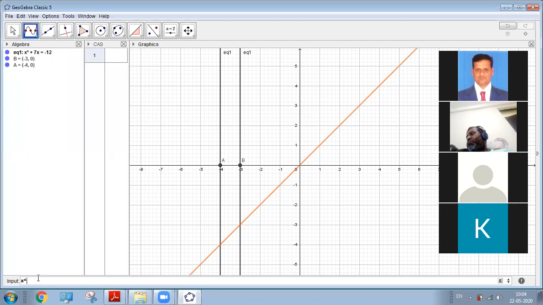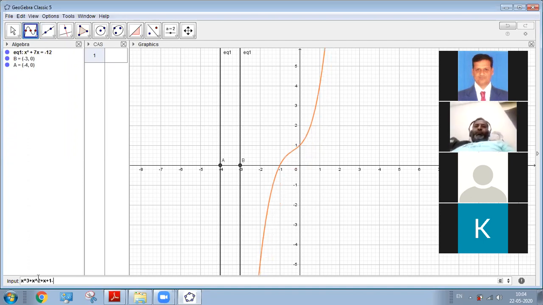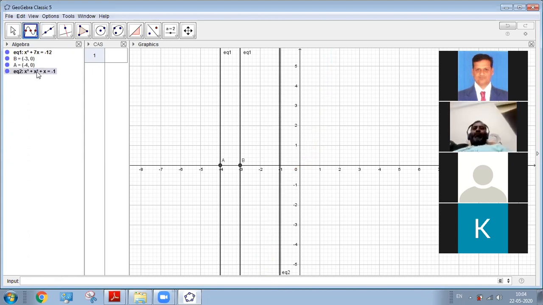x cubed plus x squared plus x plus 1 equal to 0. So again you just click here, then find the roots.